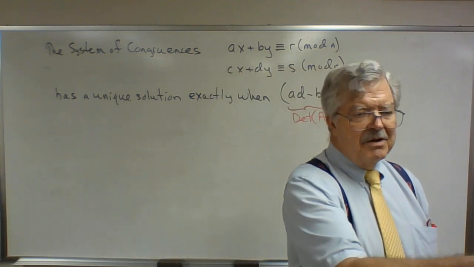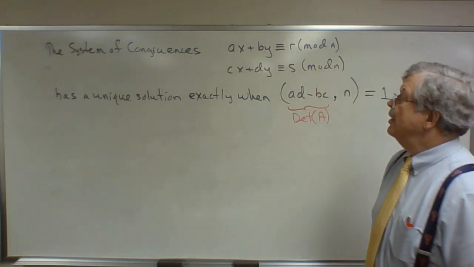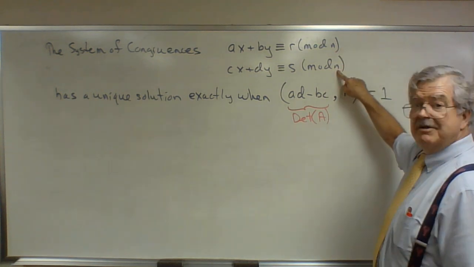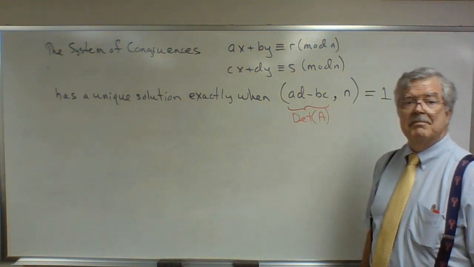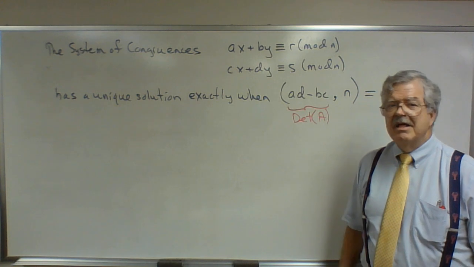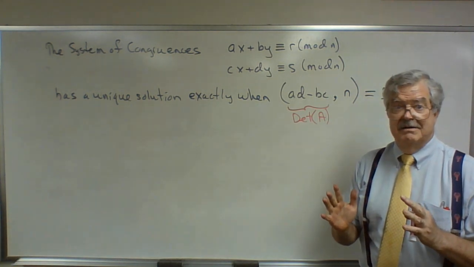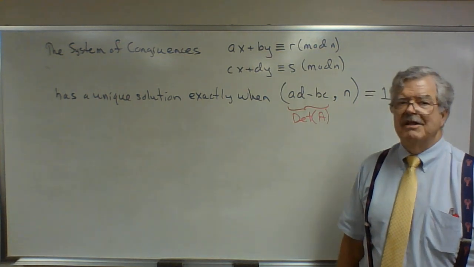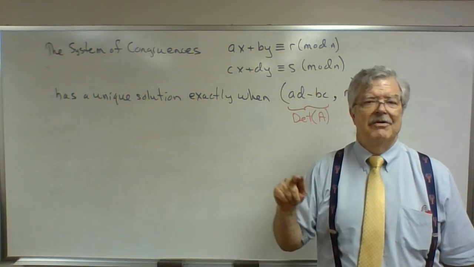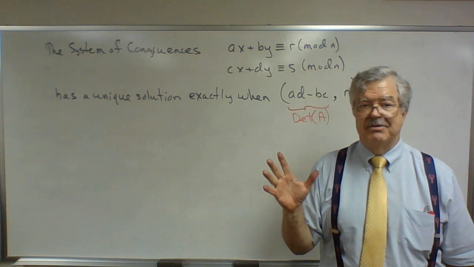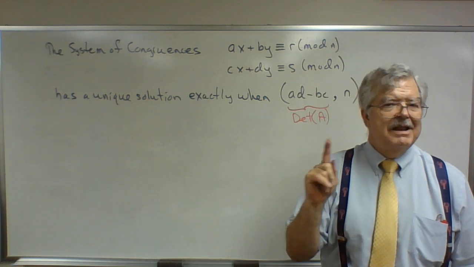Now, there's some subtle things here. We're doing modulo arithmetic, right? Arithmetic modulo n. There is no such thing as modulo 1. If we're doing modulo n, n is 2 or greater. n is a natural number greater than, not equal to, 1.